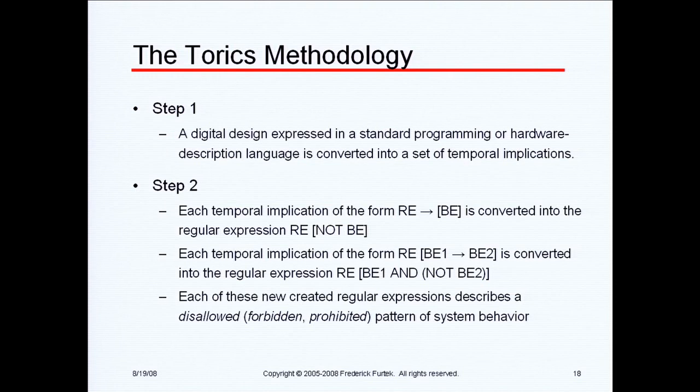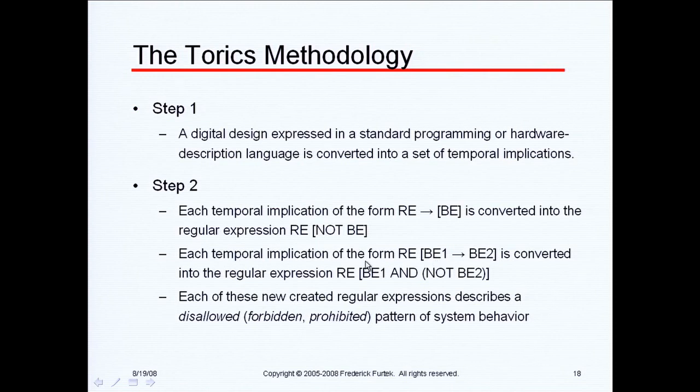Now how do we interpret this? This expression says that the pattern of behavior RE must be immediately followed by the Boolean expression BE, which means that if we have RE, we cannot have not BE. In other words, what this describes is a disallowed or forbidden or prohibited pattern of behavior.